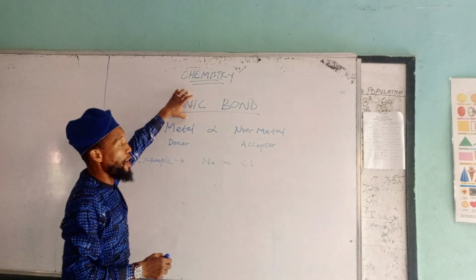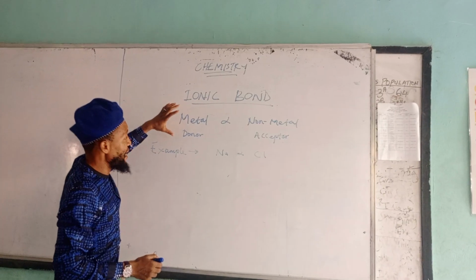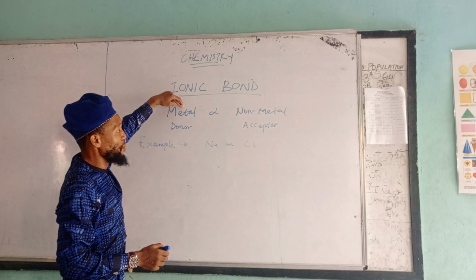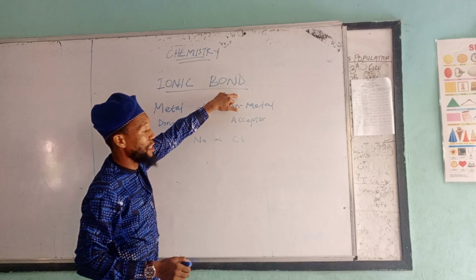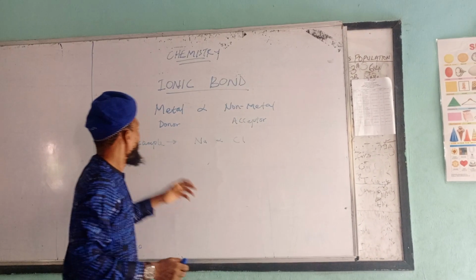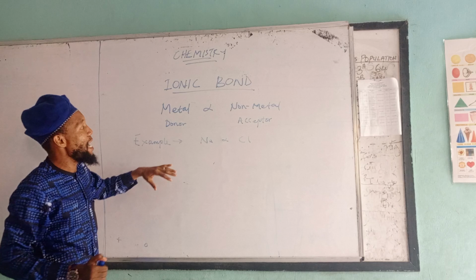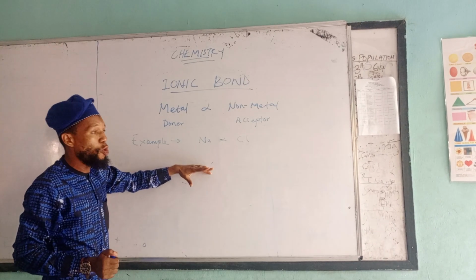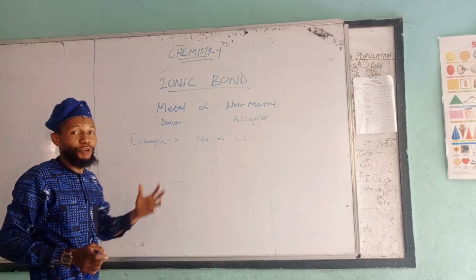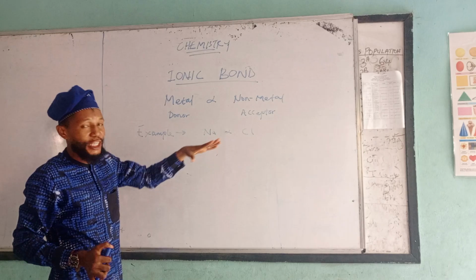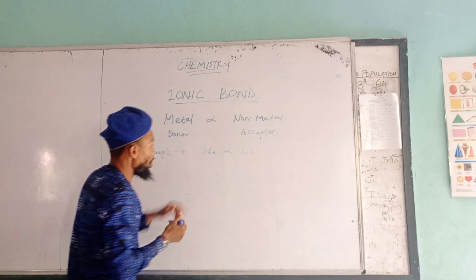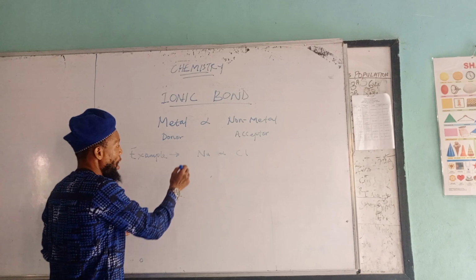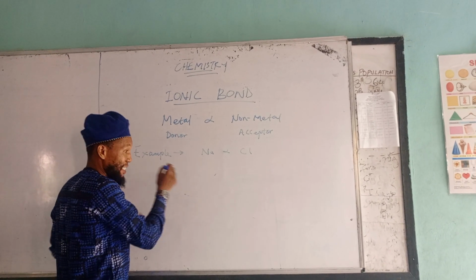So still on ionic bonds, as I have said earlier, metal is the one giving out electron and non-metal is the one accepting electron. We cannot narrate this example without understanding our electronic configuration of each element participating in this type of bond. So sodium, the atomic number for sodium is 11.